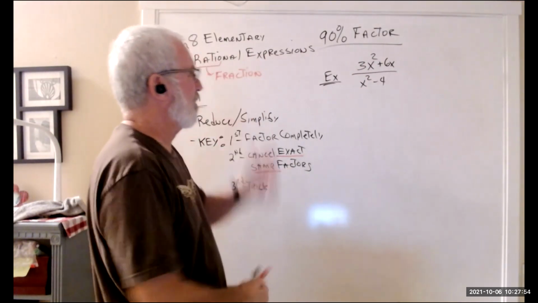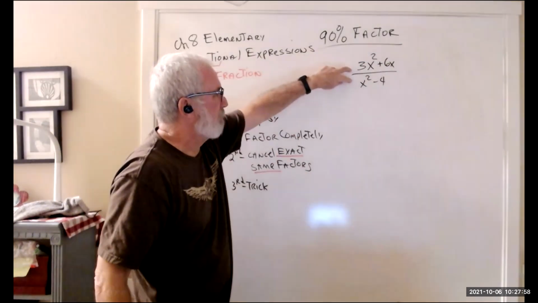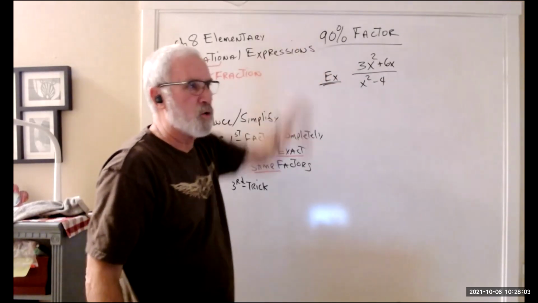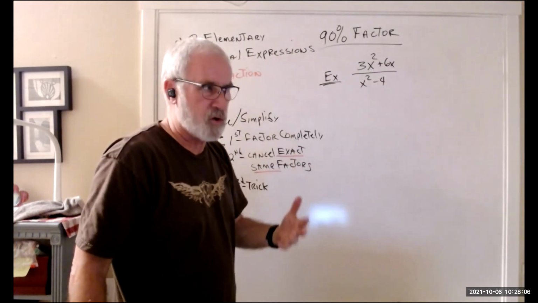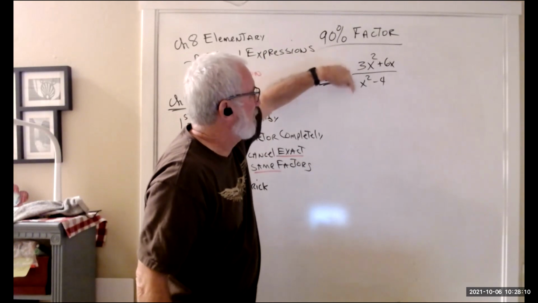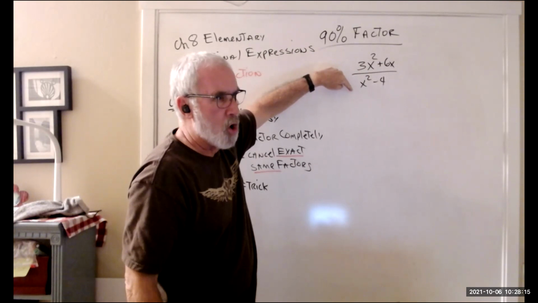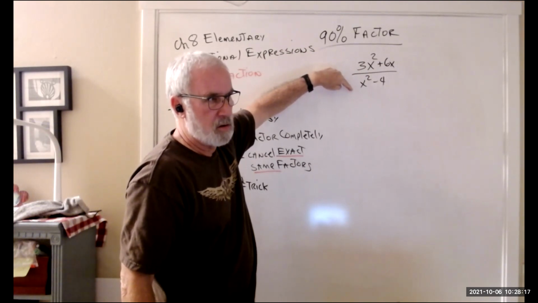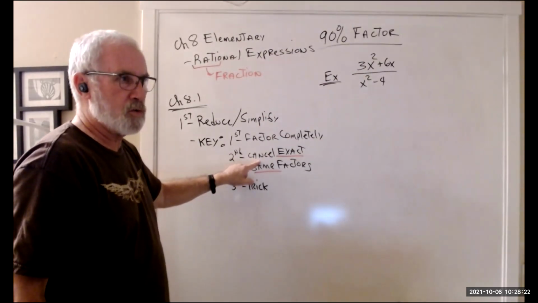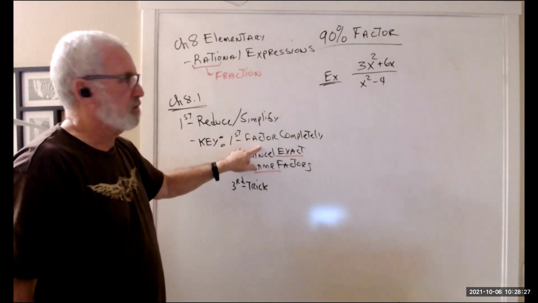So 3x squared plus 6x over x squared minus 4, and I want you to reduce this. Well, I'm going to show you how. If you start canceling the x squareds, you're instantly 100% wrong, because canceling was the second thing you do. The first thing you do is you factor.